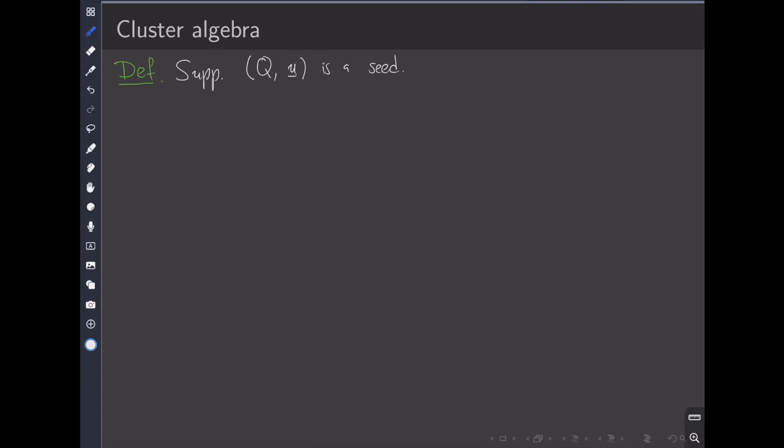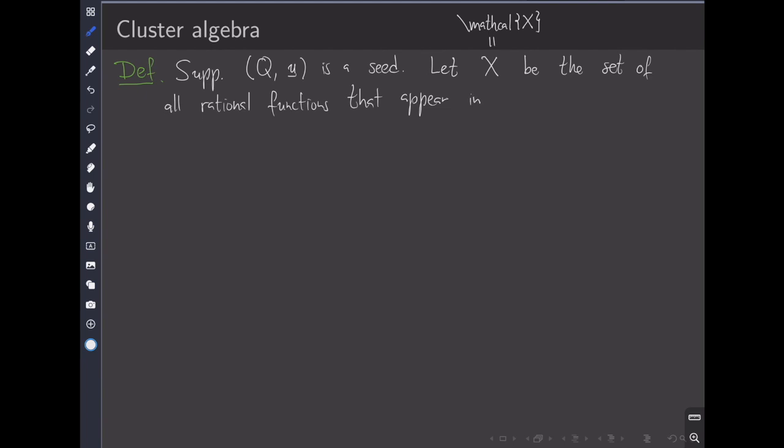And then let this calligraphic X, capital X, be the set of all rational functions that appear in any seed of the form, in all seeds, right?